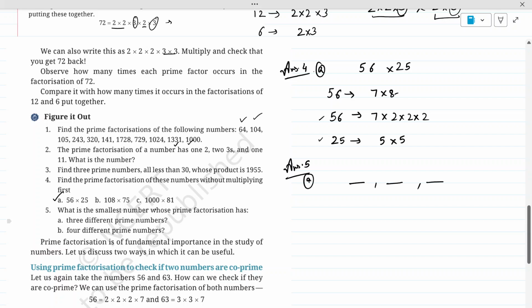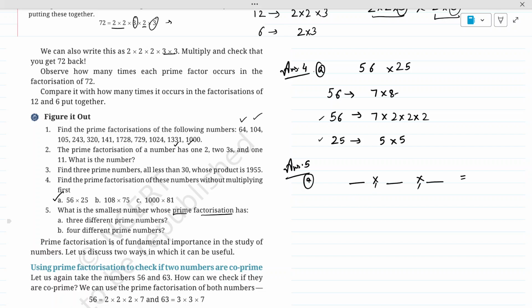The smallest number whose prime factorization has 3 different prime numbers. So it means if we multiply these, we will get the number, because we are talking about the prime factorization. That means the lowest possible factors after which it cannot be broken down. So we have to find these and we have to multiply them.